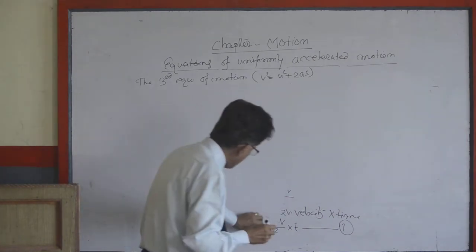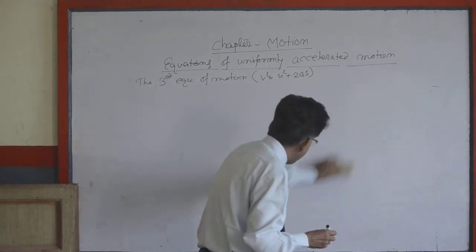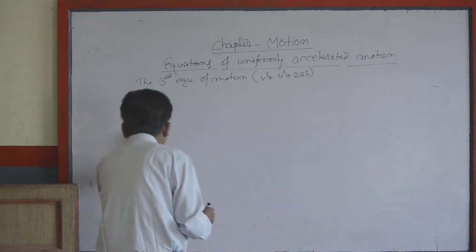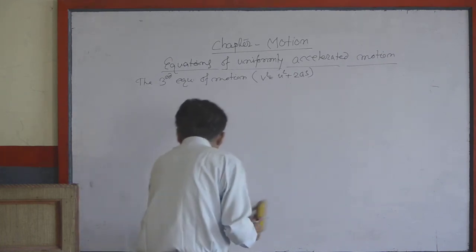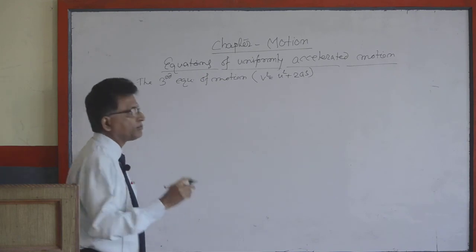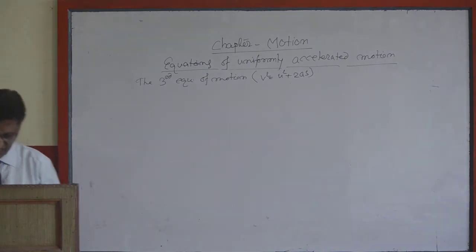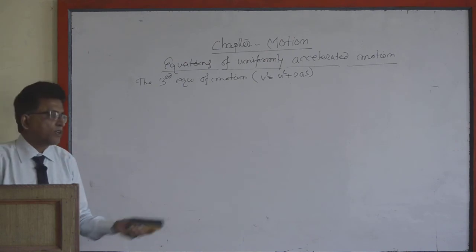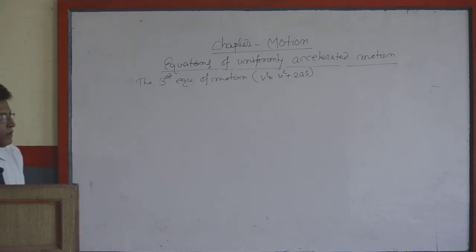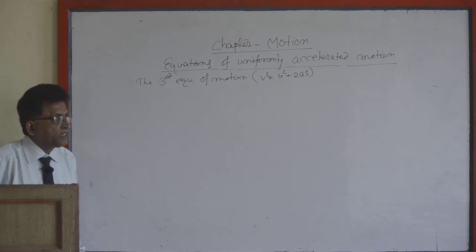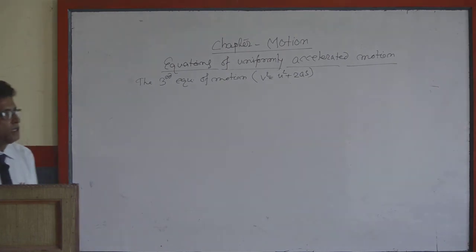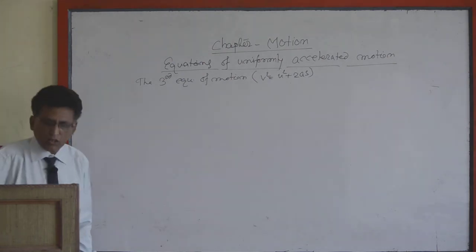The third equation of motion can be obtained by eliminating time t from the first two equations of motion.